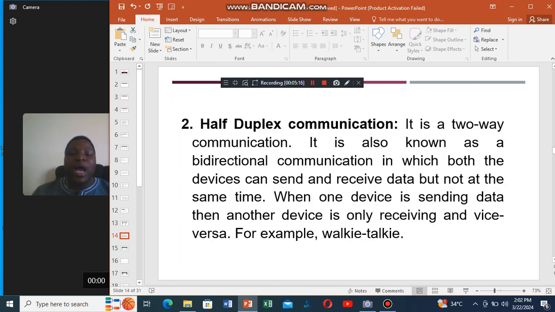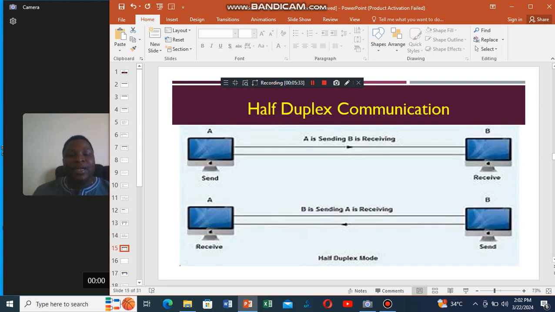Then we have half duplex communication, which is a two-way communication in which this person can send and the other one can send, but only one can be done at a time. So you can see sender A sending while sender B is receiving.